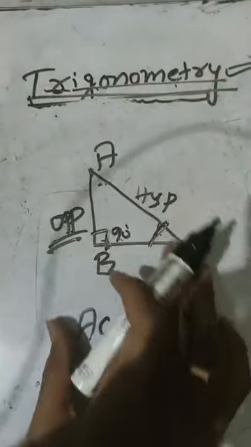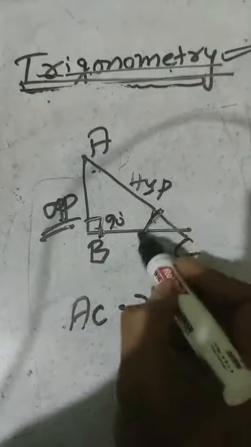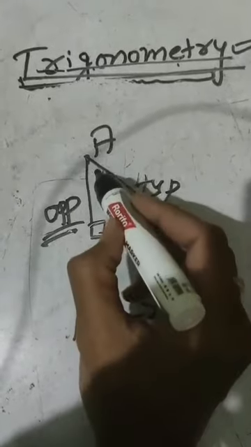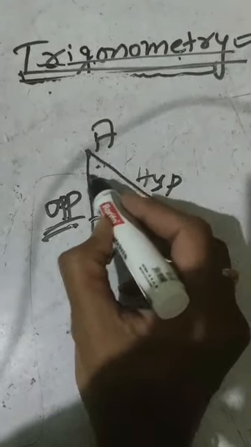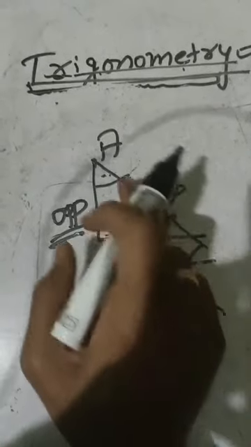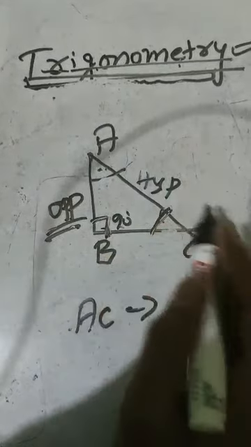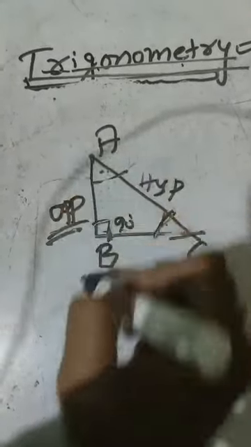If I mark acute angle A, then the opposite will be BC. But here I marked angle C, so the opposite is AB.